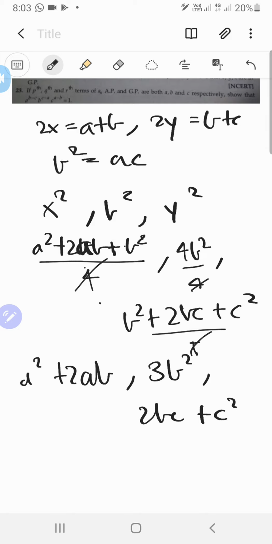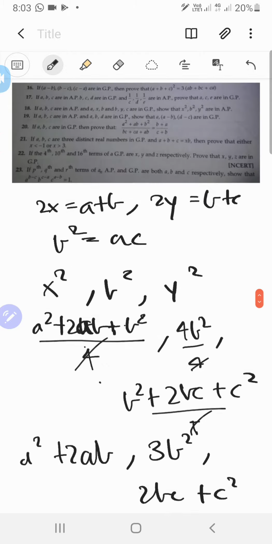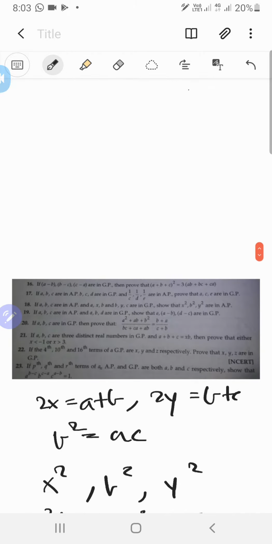Let's see what else we have got. Okay, we have got this equation, b squared equals to ac. So we'll get a squared plus 2ab, and then 3ac, and then 2bc plus c squared. This should be an AP. Okay, what are we given?